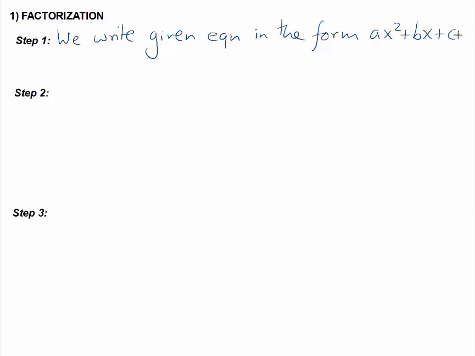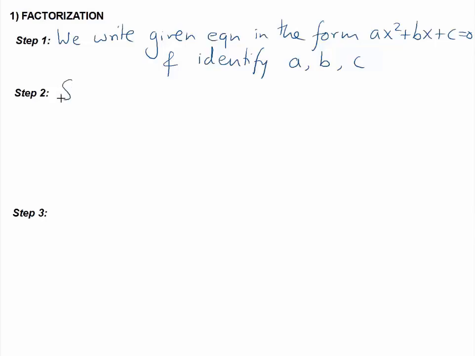The first step is we write the given quadratic equation in the form ax square plus bx plus c equals 0. We also identify the values of a, b and c.